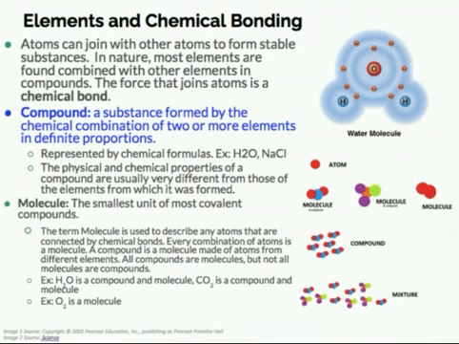Every combination of atoms is a molecule. A compound is a molecule made of atoms from different elements. All compounds are molecules, but not all molecules are compounds. So for example, water is both a compound and a molecule. CO2 or carbon dioxide is a compound and a molecule, but O2 gas is only a molecule just because it's made up of one element.